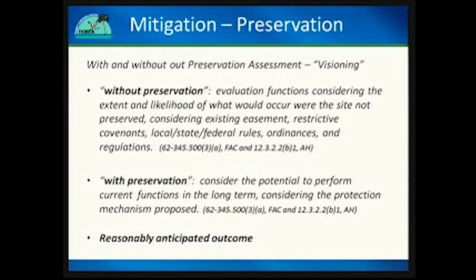That's what the definition says in 62-345.200. So you're looking at the reasonably anticipated outcome, the extent and likelihood that would occur, considering easements, restrictive covenants, and local, state, and federal rules, ordinances, or regulations. You're going to include it all. With preservation, consider the potential to perform the current functions in the long term, considering the protection mechanism proposed. What that protection mechanism says is also important in this consideration.